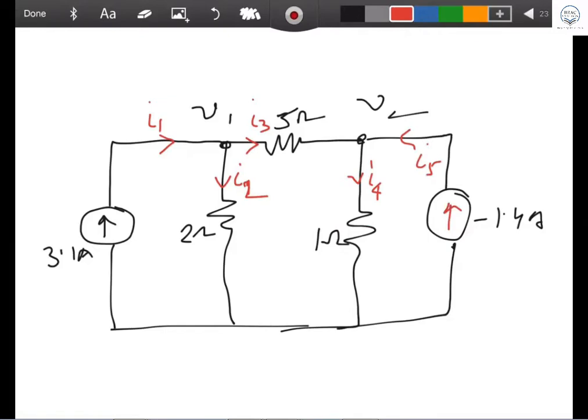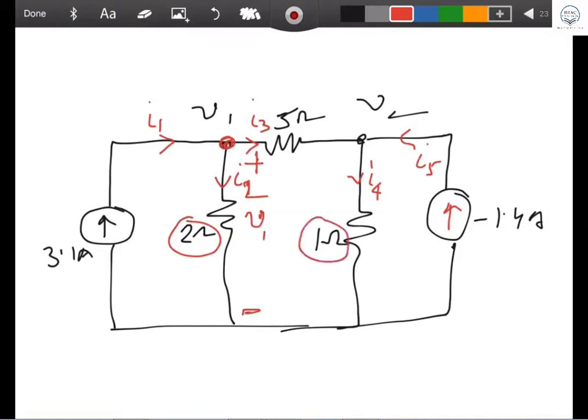Now listen. I'm talking about the voltage across the 2 ohm resistor. The voltage across the 2 ohm resistor is V1, so this is plus and this is minus. Do you understand that? If you got it, what is the voltage across the 1 ohm resistor?